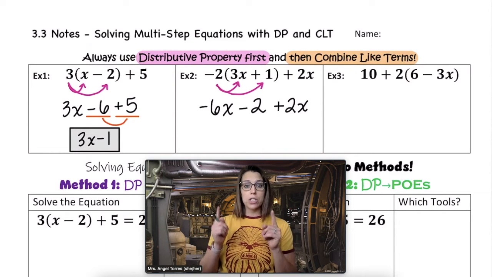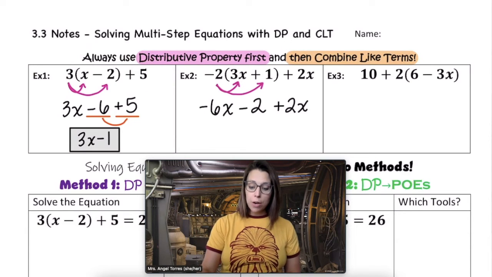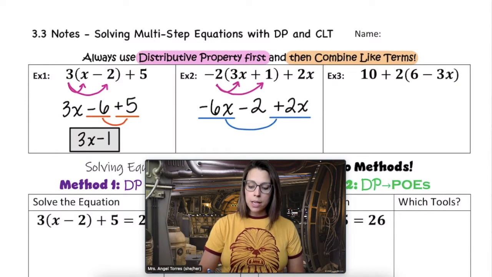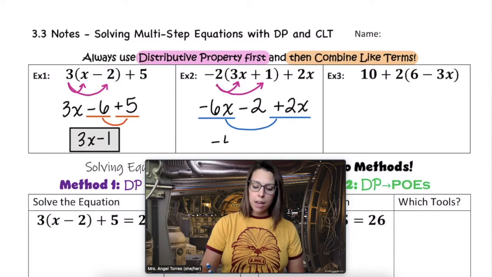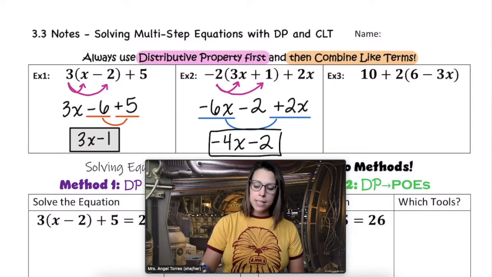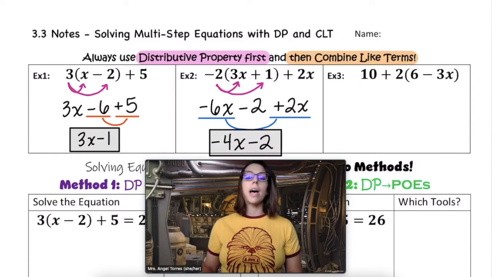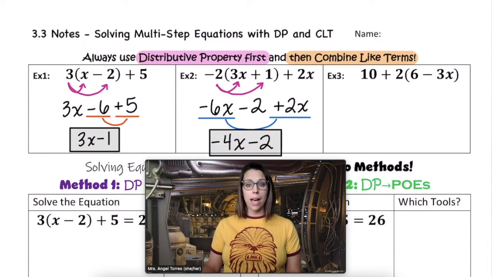In this expression, my like terms are variables, not constants. I have negative 6x and I have positive 2x. So when I go to combine those, they combine for negative 4x, and I bring down my minus 2, and since everything has been simplified and combined, I know that my expression is correct.